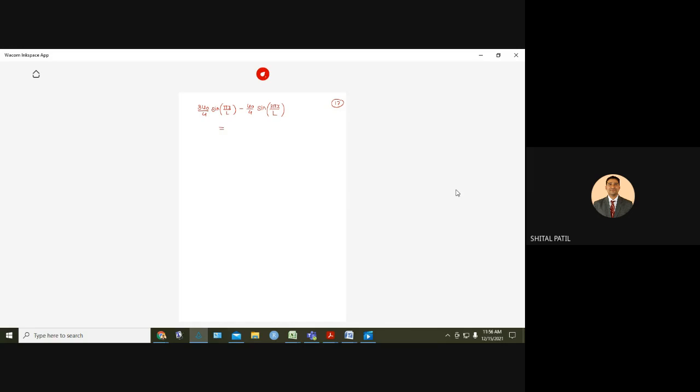Let me write it in black color: b1 sine of pi x divided by L, b2 sine of 2 pi x divided by L, b3 sine of 3 pi x divided by L, b4, b5, b6 and so on.